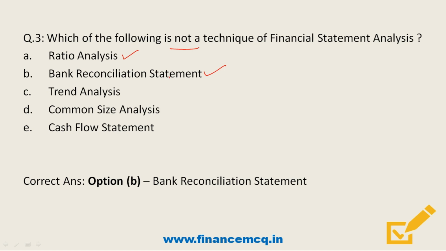And what is trend analysis? In trend analysis, percentage changes are calculated over several successive years to get an idea whether the business is trending upwards or downwards. And what is common size analysis?